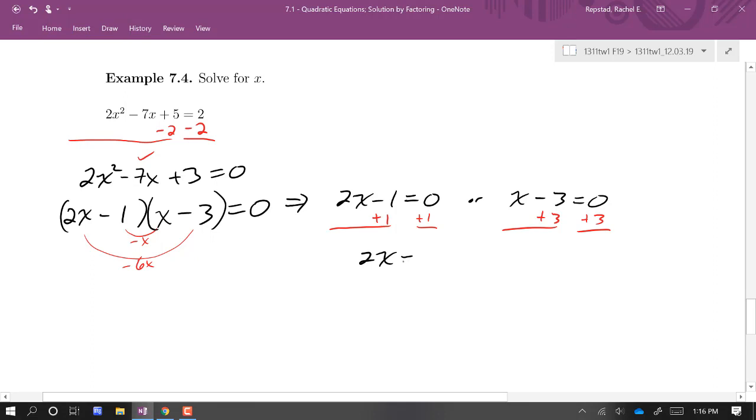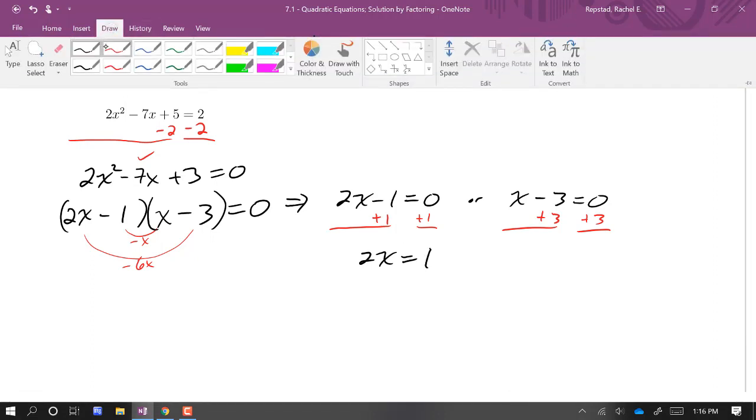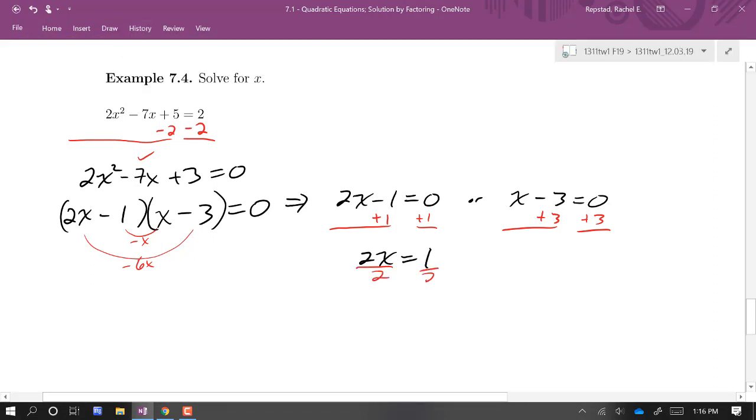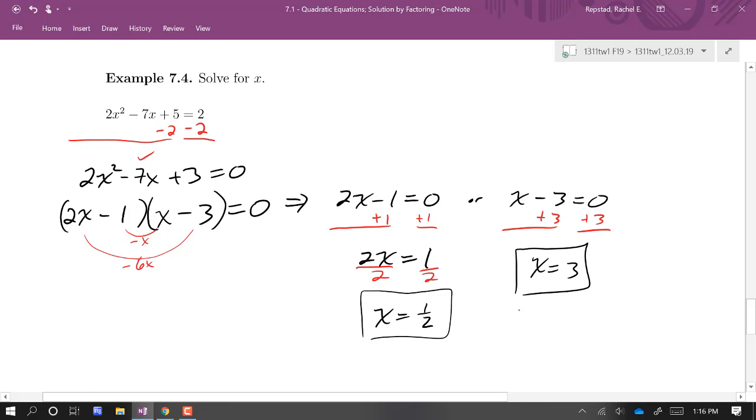So we have 2x is equal to 1, which means x is a half. Or x is equal to 3. I'm going to pause there for a moment and see if there are questions.